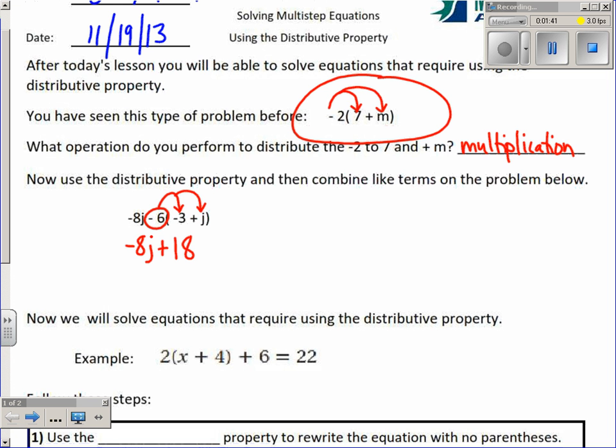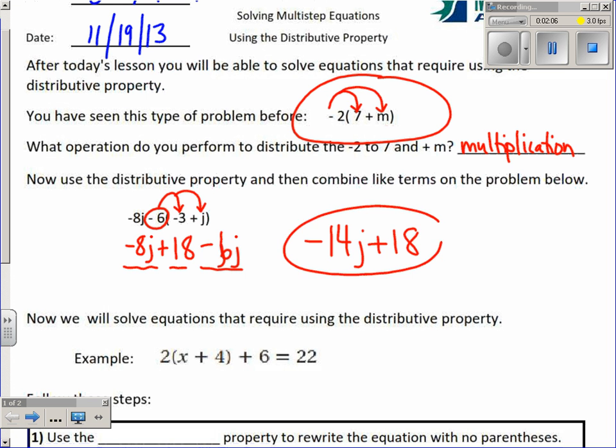And then a -6 times j is -6j. Then we're not done because we can combine like terms. So here I've got a -8j and I've got a -6j. Those would combine to -14j, and then I would keep the plus 18. And that would be your answer.